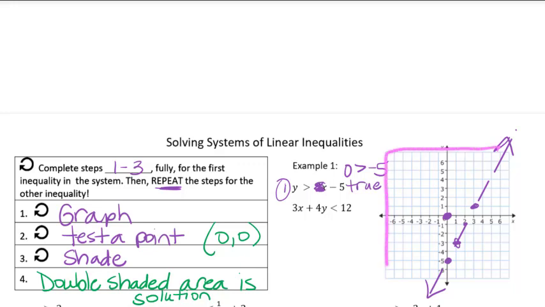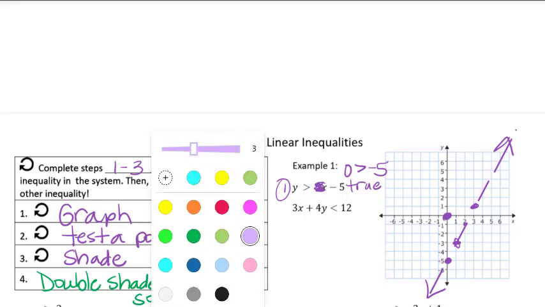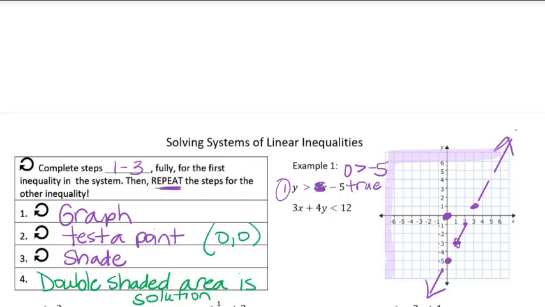So remember, when it's true, I want to go to 0, and I want to shade that side. So that would be this whole side of the line, because that's where the 0 is. So I'm going to go ahead and shade. This is where it would be good to use color pencil.